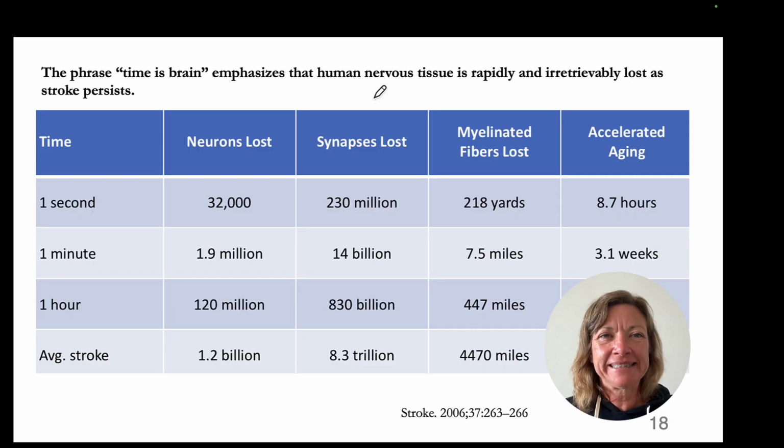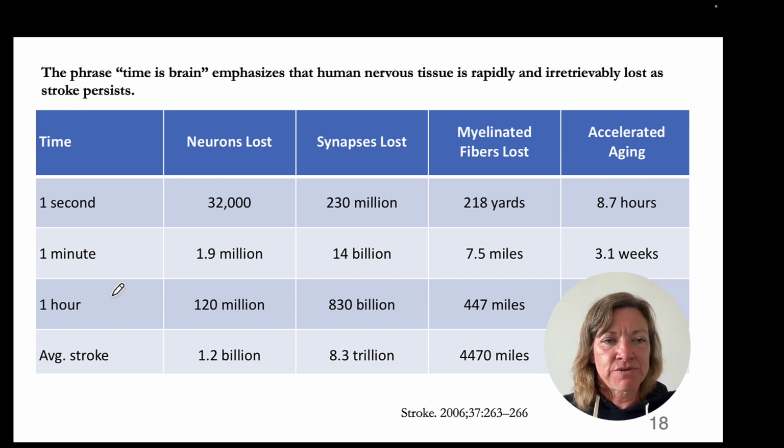Now, in terms of the clinical problem of stroke, a really important thing about the brain is how exquisitely sensitive it is to hypoxia. And so the phrase "time is brain" emphasizes that human nervous tissue is rapidly and irretrievably lost forever as any stroke persists.